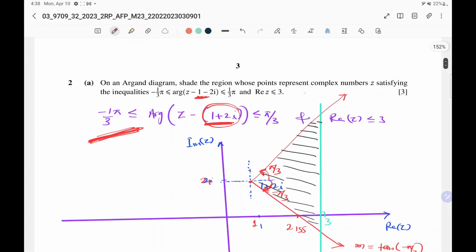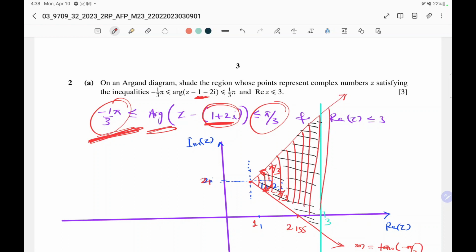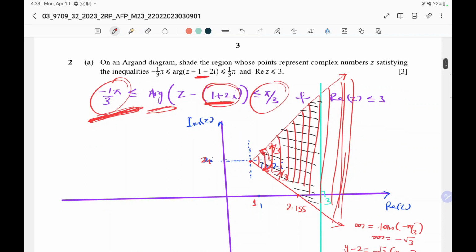Now it tells us that our argument lies between these two, so only this region will be your argument region.